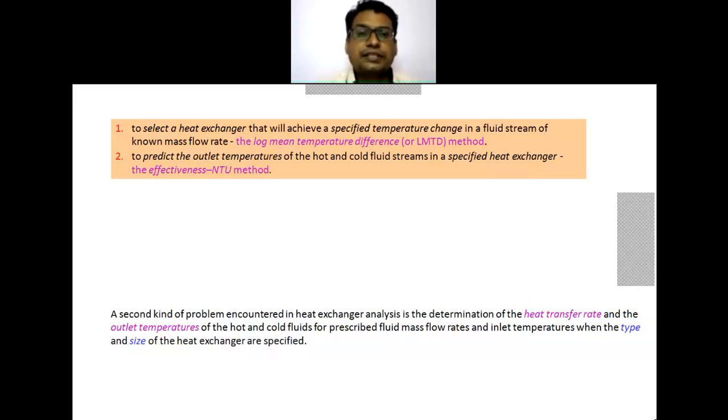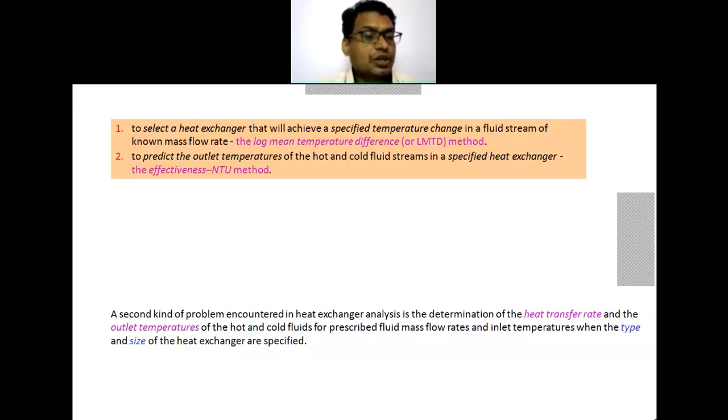Now this is the second method, to predict the outlet temperatures of the hot and cold fluid streams in a specified heat exchanger. That means the heat exchanger is defined. We have the heat exchanger, and this is the effectiveness NTU method.